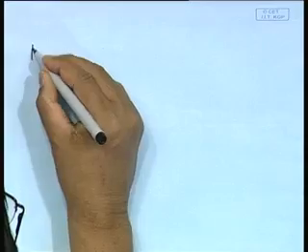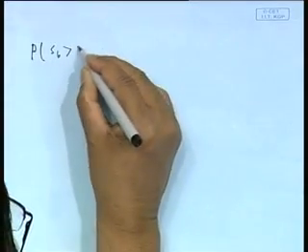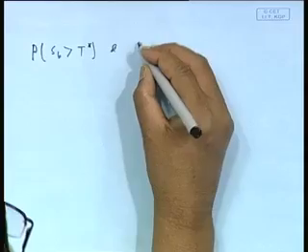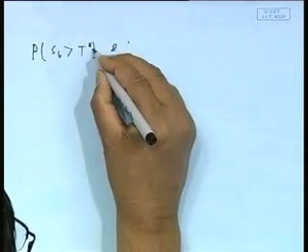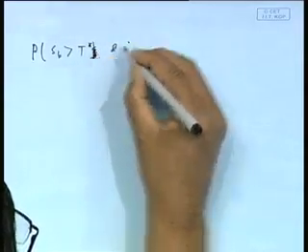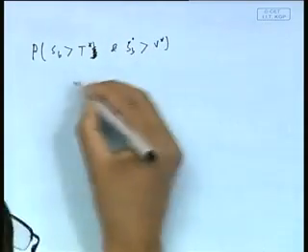I will end up getting the probability. If I want to find out the slamming probability, that is, the probability that SB is more than T star and SB is more than V star will be a combined probability.